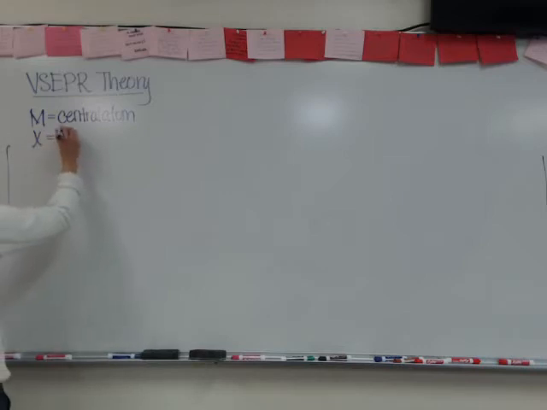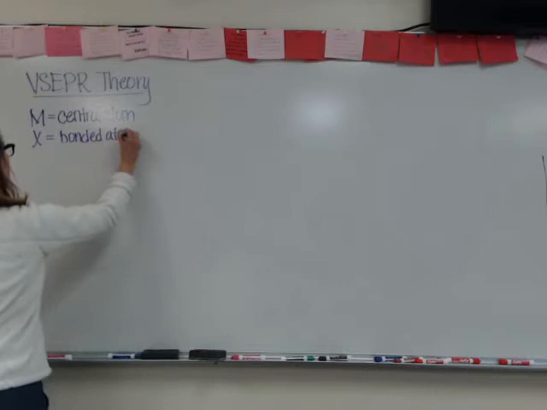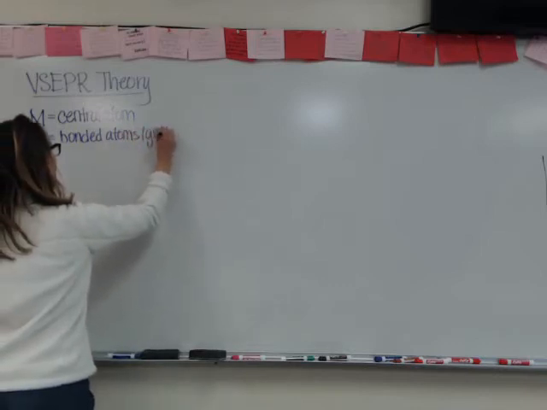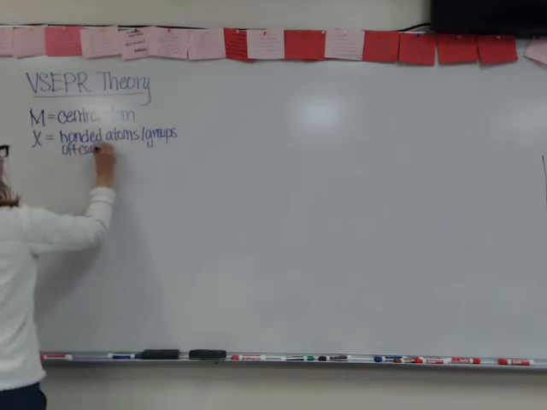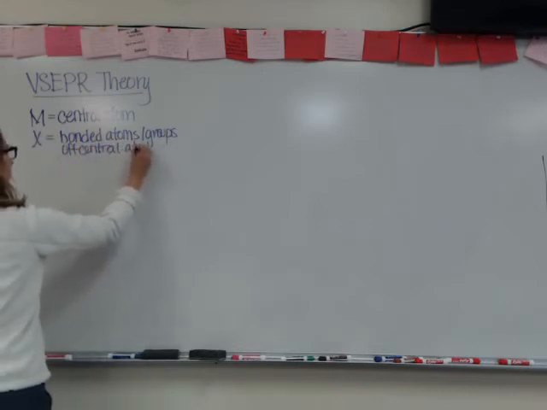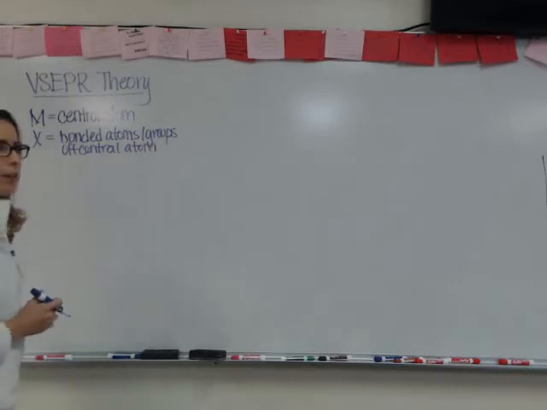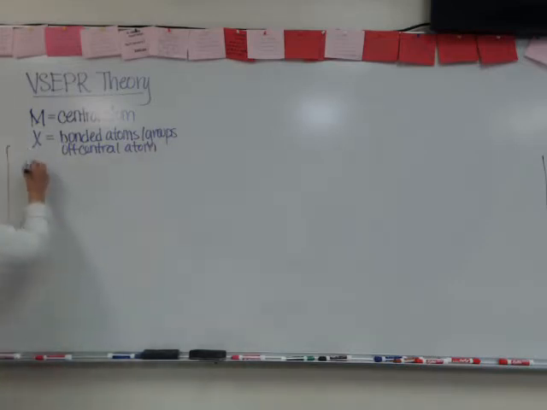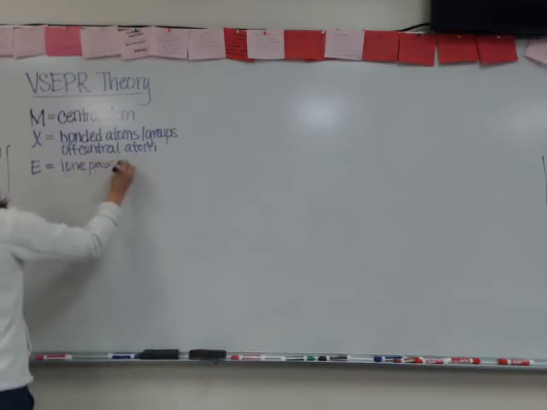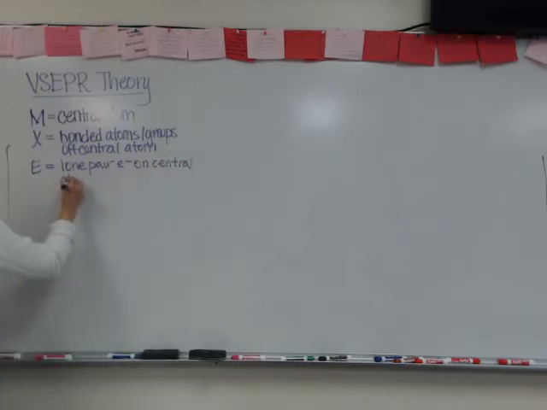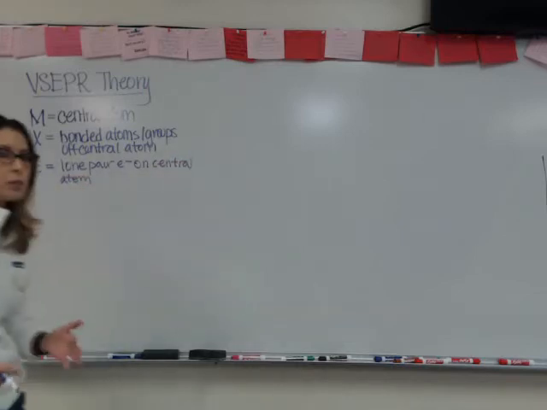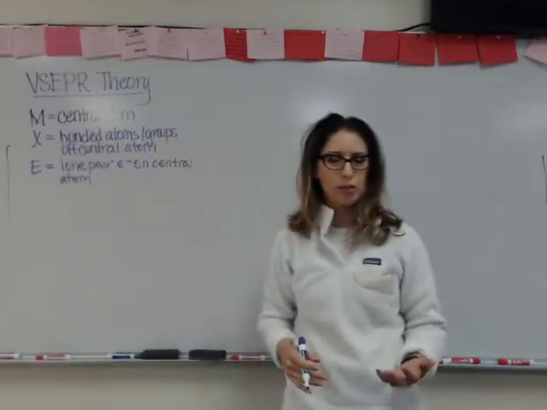X is what I'm going to assign bonded atoms or groups of atoms that are coming off of the central atom M. Okay? And then if I'm looking at a molecule and it has lone pair electrons on the central atom, then we will designate that with an E. And the arrangement of M's, X's, and E's will tell us the shape.